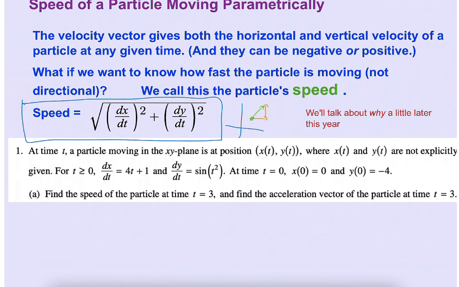So when asked for the speed of the particle at time t equals 3, all that means is to take the square root of dx dt evaluated at t equals 3, and square that, plus dy dt evaluated at t equals 3, and square that. That's it. That's the speed.